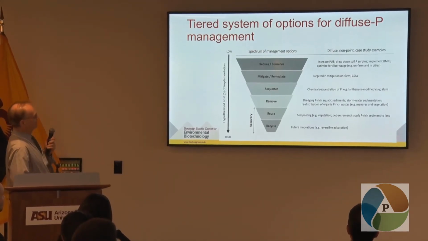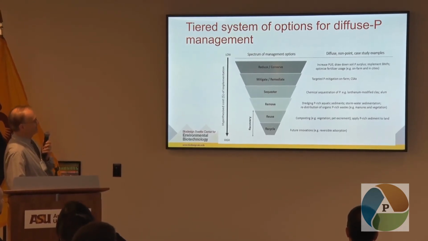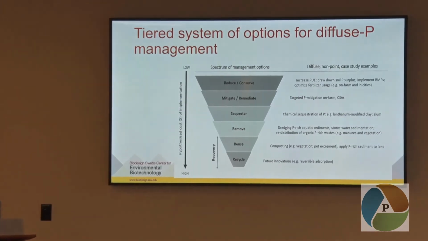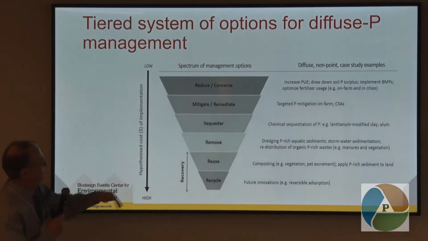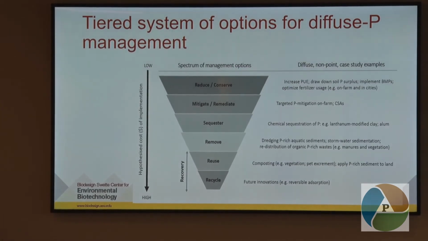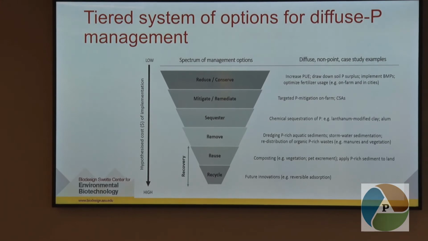We developed also this little tiered system of options that we might be able to do on this, ranging from the top to the bottom. In general, things at the top are cheaper and things at the bottom are more expensive to do.